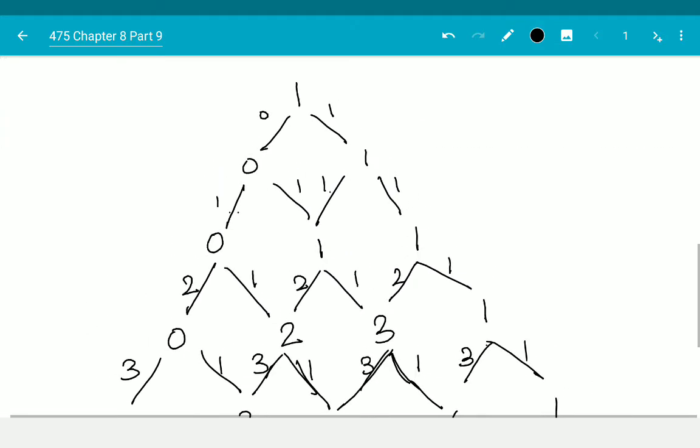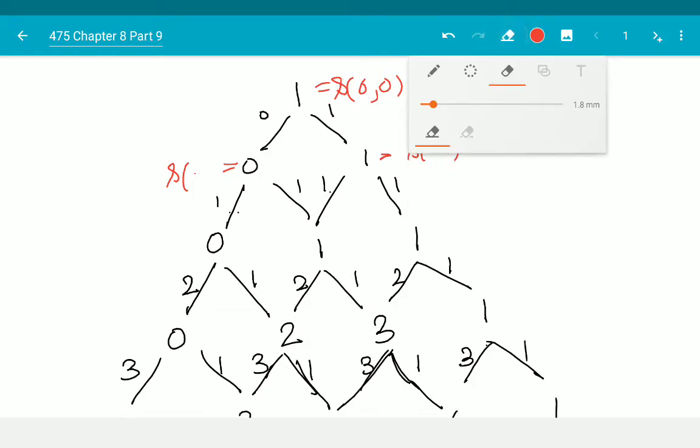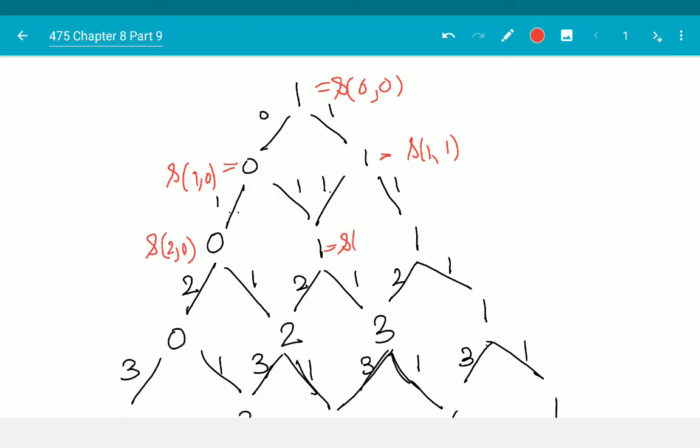So exactly similar to before, this is small s(0, 0), small s(0, 1), small s(1, 0), s(1, 1), small s(2, 0), small s(2, 1), small s(2, 2), and so on.